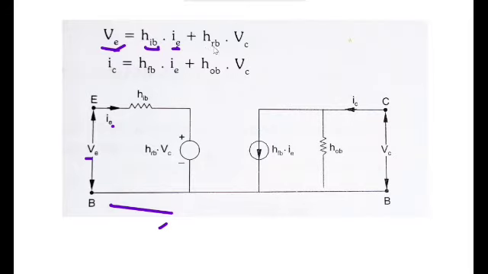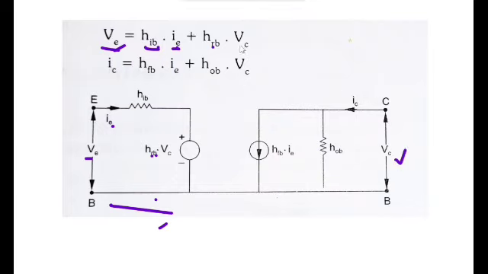Another term is hrb into VC, here h12 into VC, where the subscript of h12 is rb, that is reverse voltage gain, and b is the configuration, that is base. So VC is here in the general nominal equation h12 into V2. Here V2 is the output voltage, so the output voltage of a common base configuration is VC.